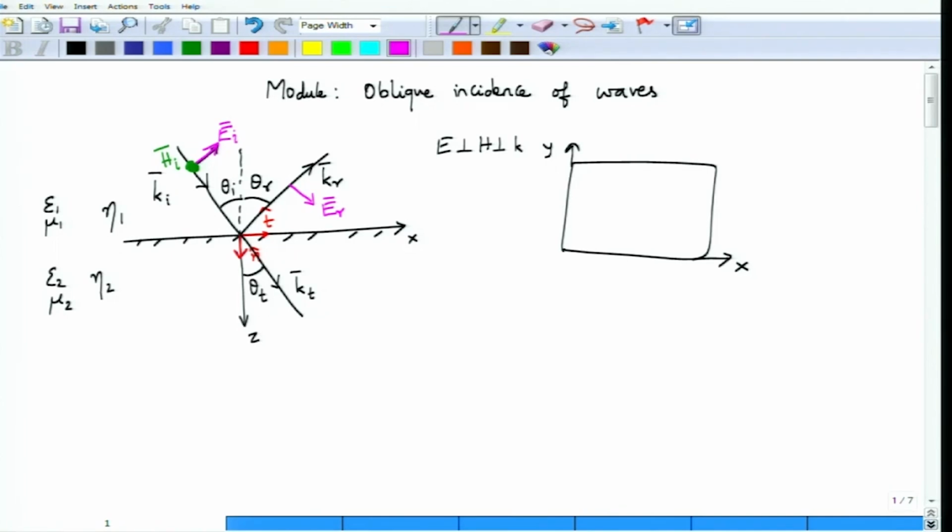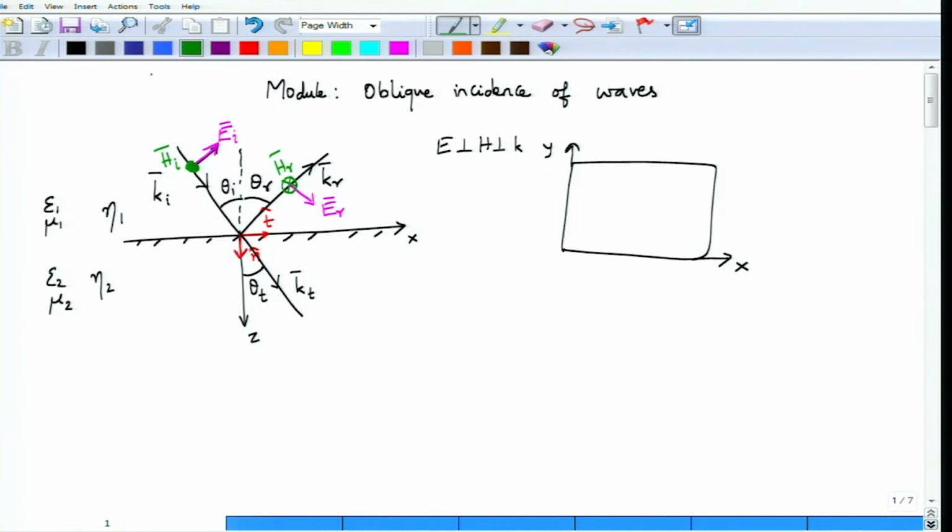However, having made an assumption that Er is in this direction, be consistent. If you assume that Ei is in this way, then you have to have Hi coming out of the page. Similarly, if I assume that Er is in this way, then H must be going into the page, and that can be represented by putting a cross here, and this would be your Hr. So that E cross H will be pointing in the direction of the reflected wave propagation.